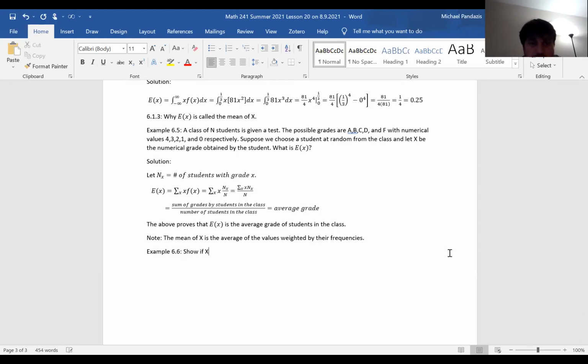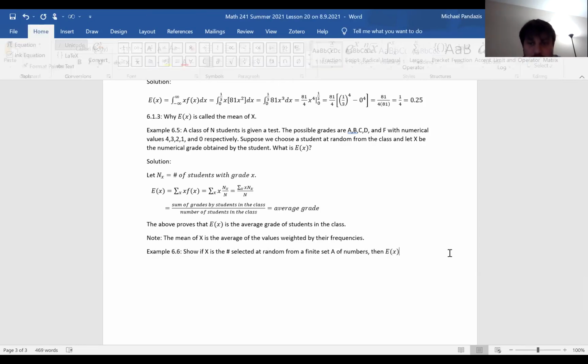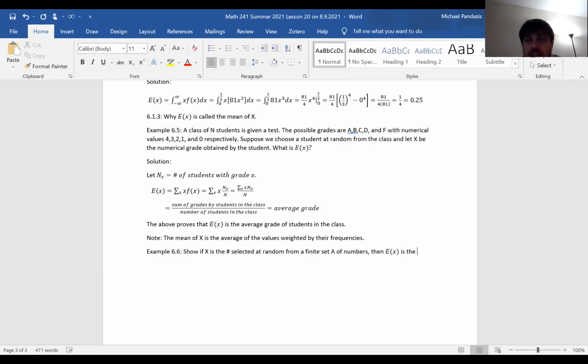Show that if capital X is the number selected at random from a finite set, capital A, of numbers, then capital E of X is the mean of the set capital A of numbers. So this is very similar to the other example.